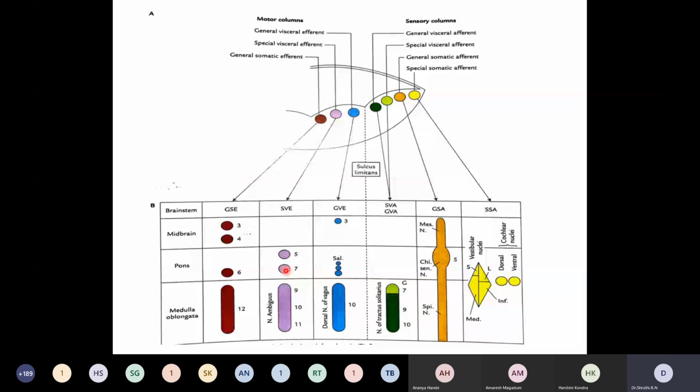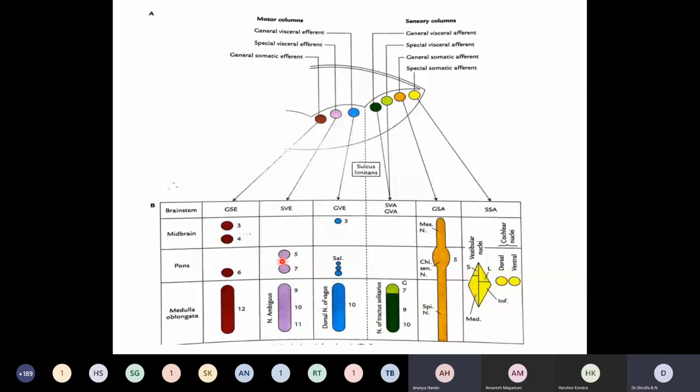What is the function of SVE? It has to supply all the muscles which are derived from the pharyngeal arch. So the motor nucleus of the trigeminal has to supply which arch? Which is the nerve of the first arch?